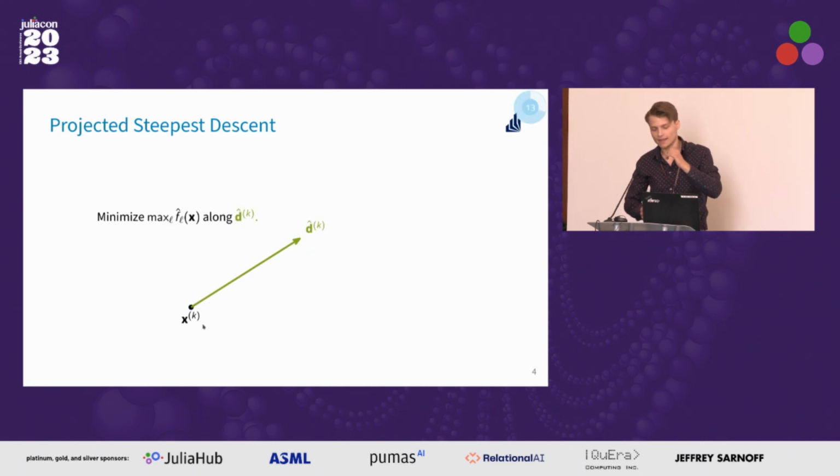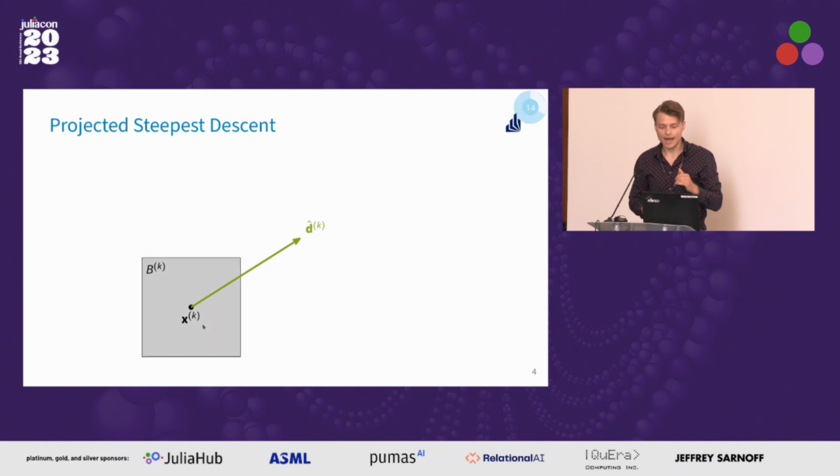We then have to find some step size by minimizing our objectives along that direction. And because we don't trust our surrogate models too much, we do that within a trust region. And then if our trust region looks nice, is convex, we can project back onto that trust region and minimize along that projected direction in our trust region.